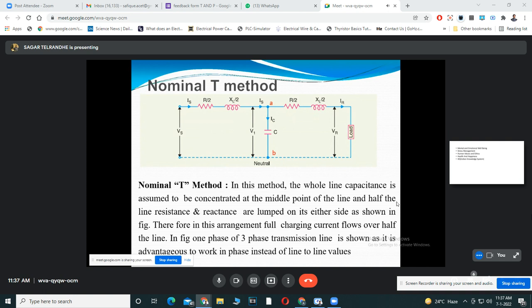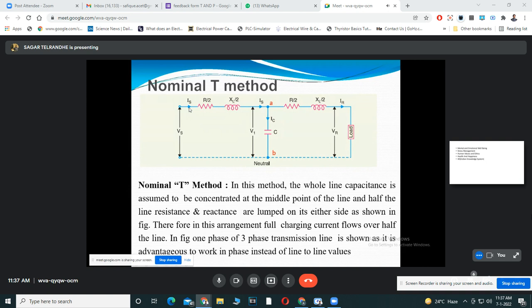One more thing we do in the nominal T method calculation, or in the nominal pi method, is that we consider individually a single phase consisting of a live and a neutral conductor. So here you are able to see that current is entering.